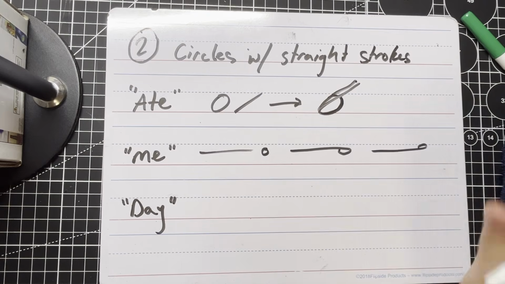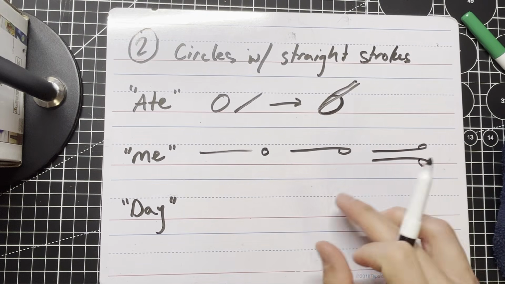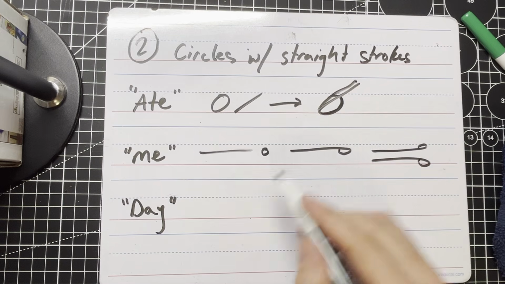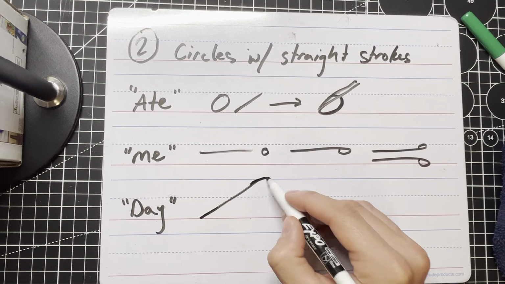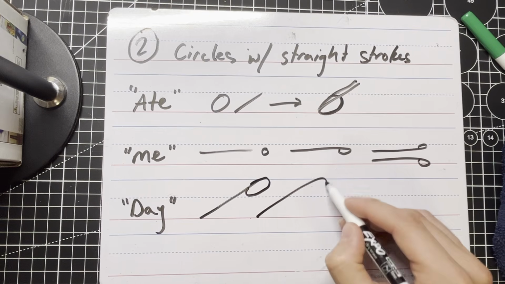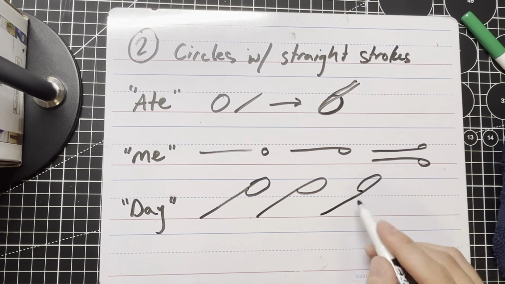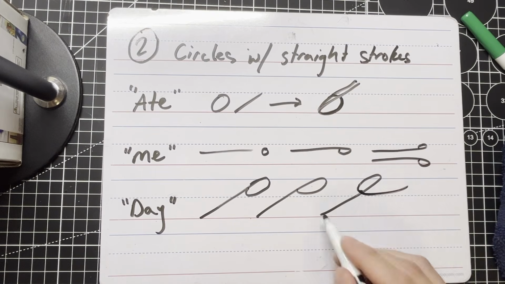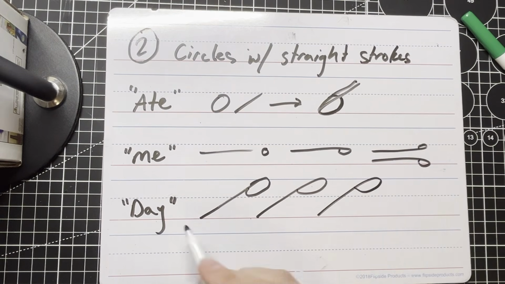But even if you learn simplified, it follows this rule where loops joined with straight lines are written with right motion. So day is really just the opposite of eight. We have our straight stroke, and then we have our right motion A sound, so day. Okay, again, if you wrote it like this would say dare. In simplified, this would be dare explicitly, but that's why we write it with right motion, so day.